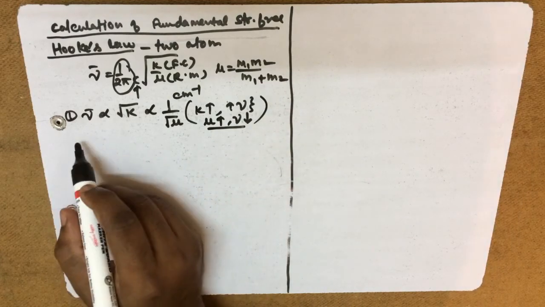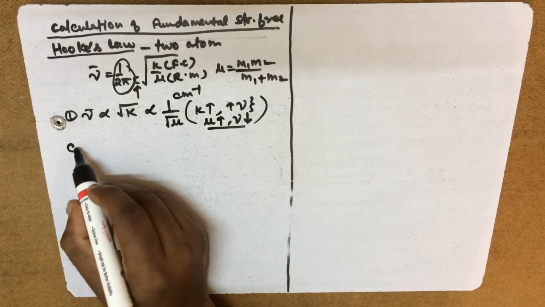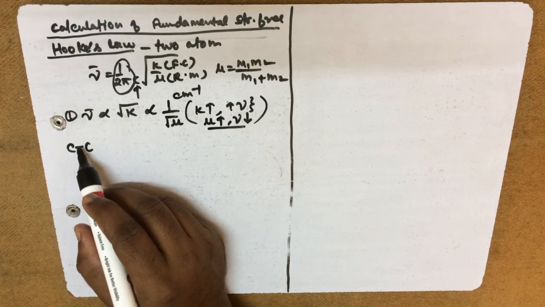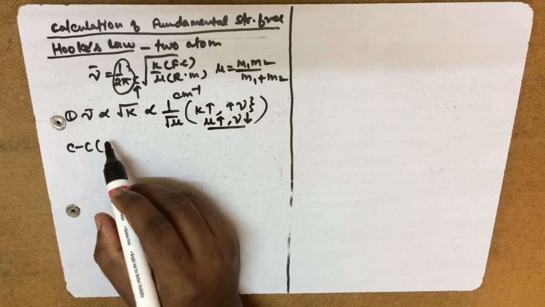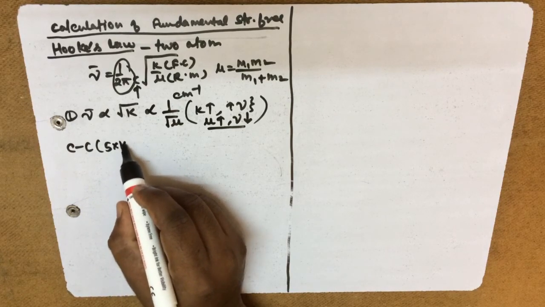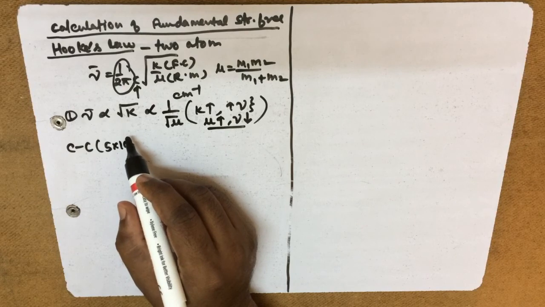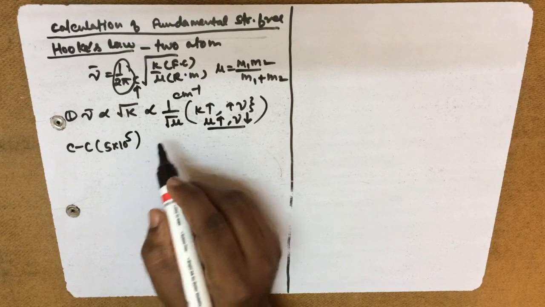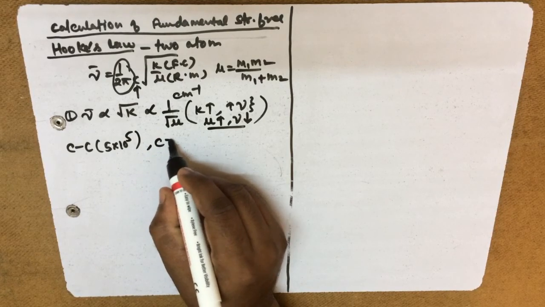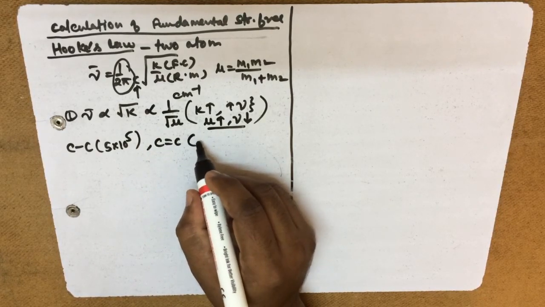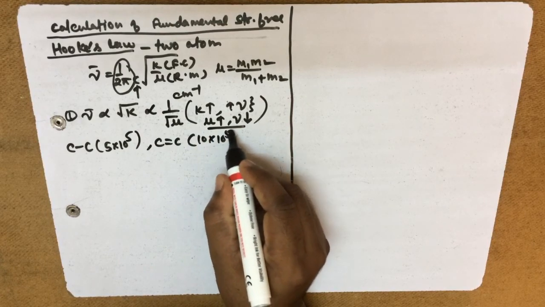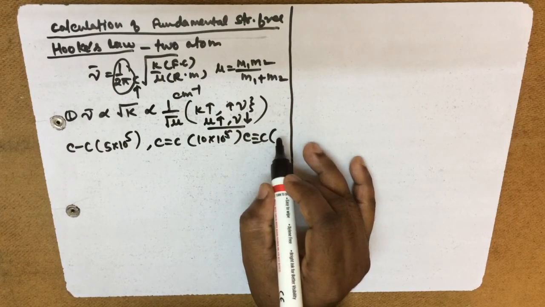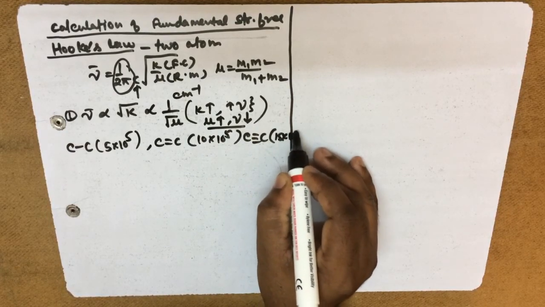If we generalize this relation, for a C single bond C the force constant is 5 into 10 to the power 5. For a C double bond C, the force constant is 10 into 10 to the power 5, and for a C triple bond C, the force constant is 15 into 10 to the power 5.